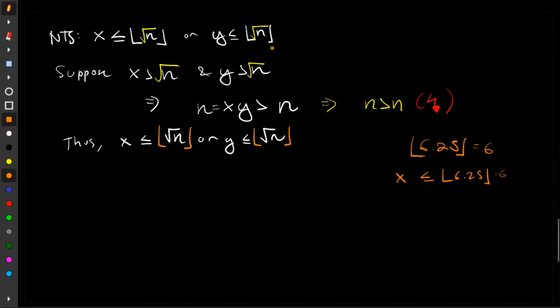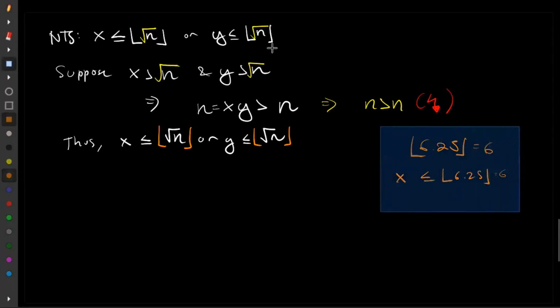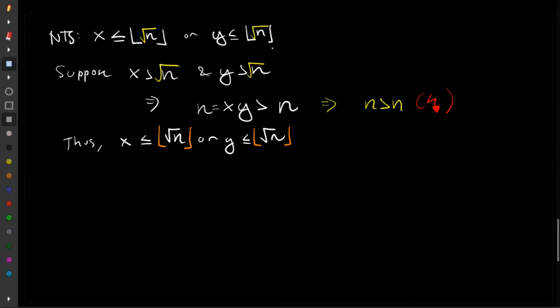So even if we write this one as 6, it does not change the fact that the maximum value for x will only be 6. So whether we put a floor function or not, since we're dealing with integers, it does not matter. That's something to take note of: when dealing with integers, the floor function can be put on or removed, especially in inequalities.